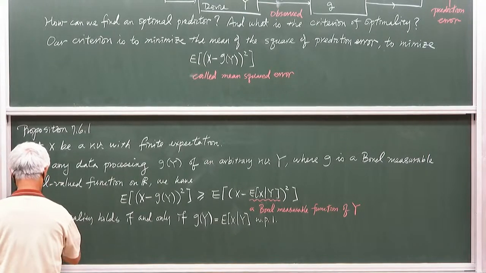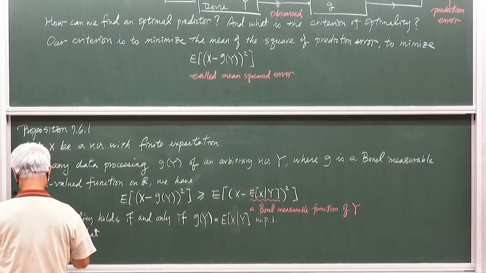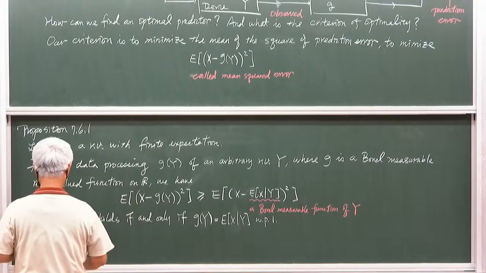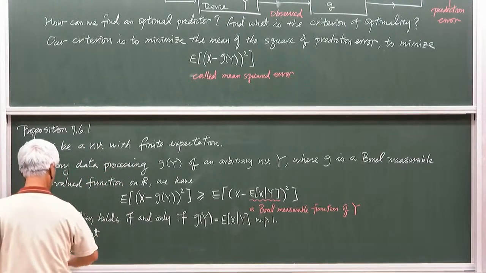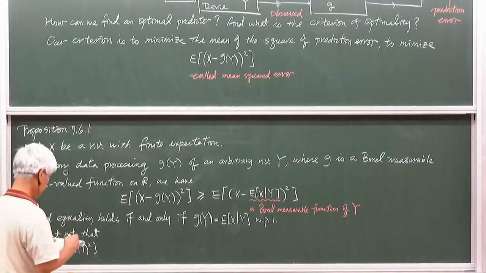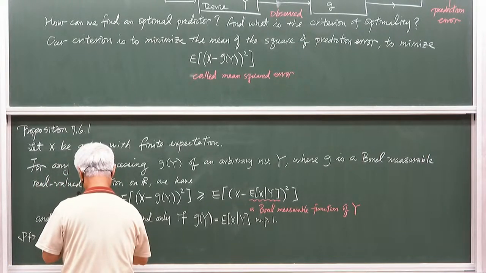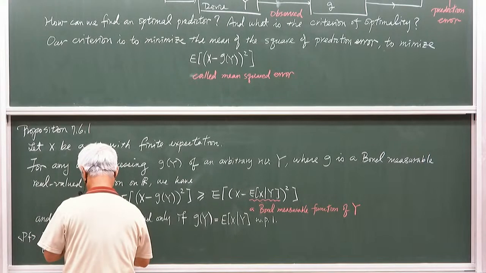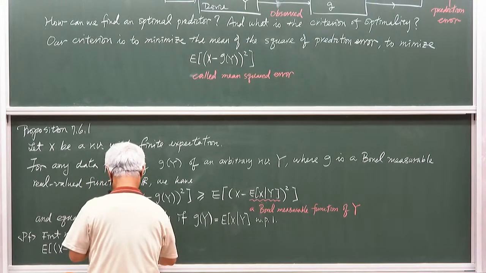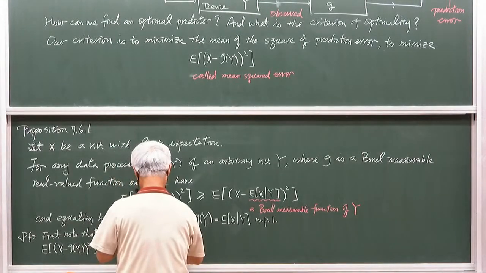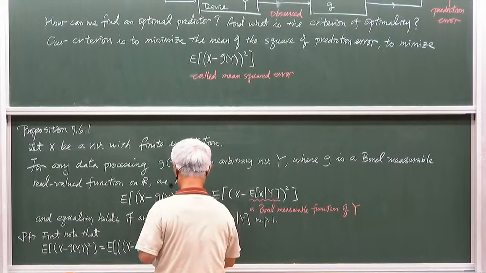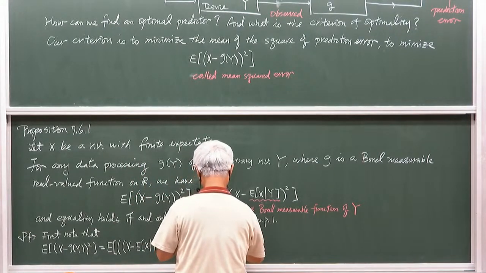We first know that the mean square error for a data processing function G is equal to the expectation of X minus the conditional expectation of X given Y, plus that conditional expectation minus G of Y, all squared.